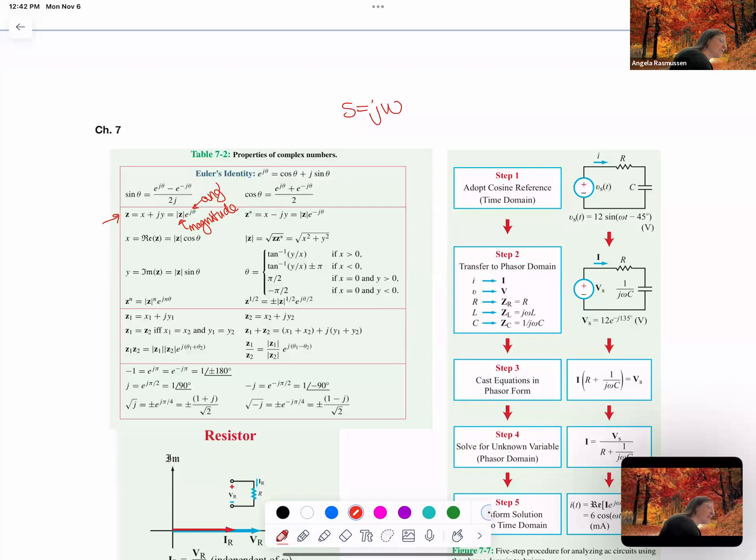And then this is the real component, and this is your imaginary component. So those are the terms you need to remember from complex numbers that we've already gone over.